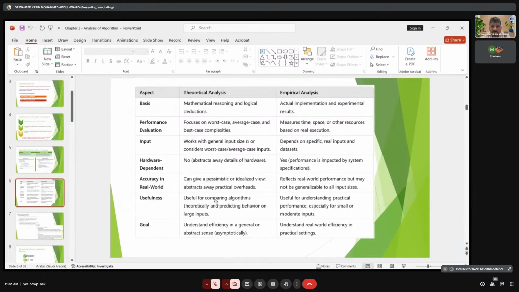Usefulness: theoretical is useful for comparing algorithms and predicting behavior on large inputs. Empirical is useful for understanding practical performance, especially for small or moderate inputs. So theoretical is useful for large inputs, and empirical for small or moderate inputs.